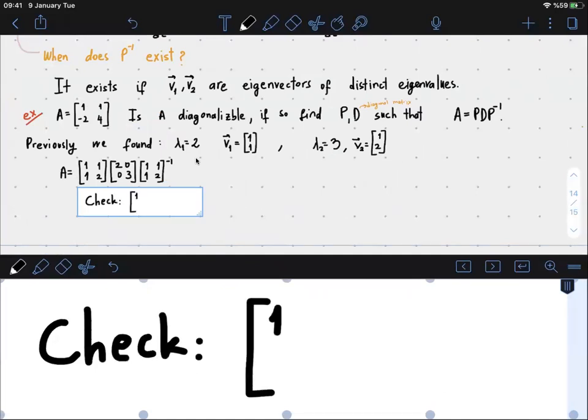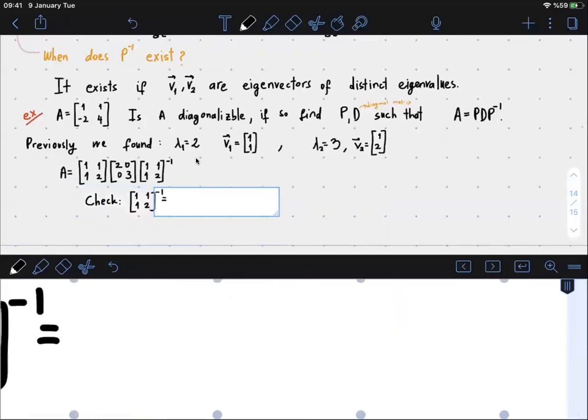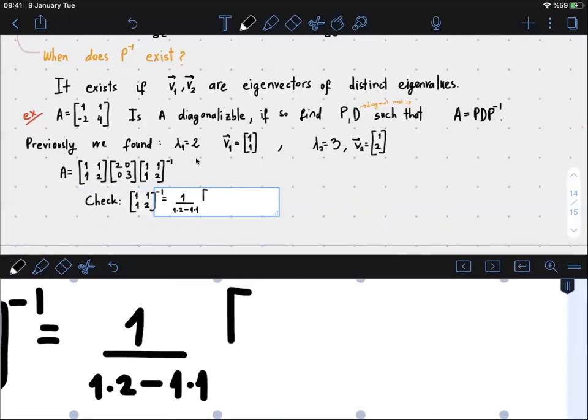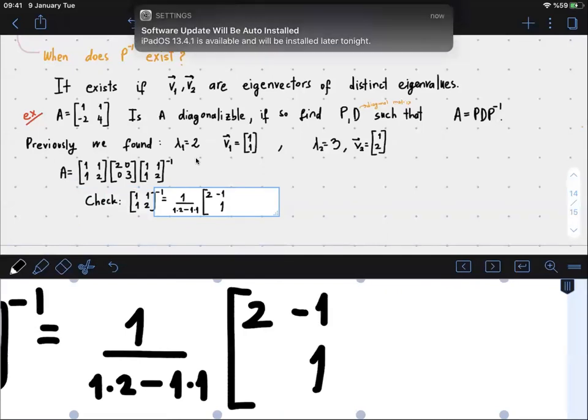I want you to be able to write the inverse of a 2 by 2 matrix from memory. This is 1 over the determinant, 1 times 2 minus 1 times 1, times the matrix where we swap the diagonal entries and the other two entries come with a minus sign.